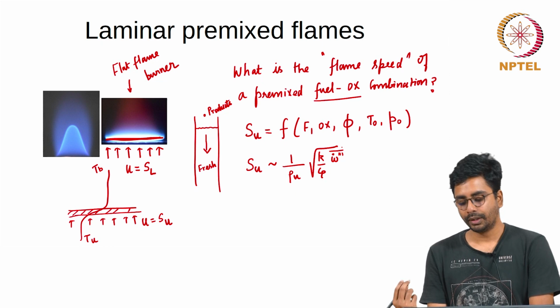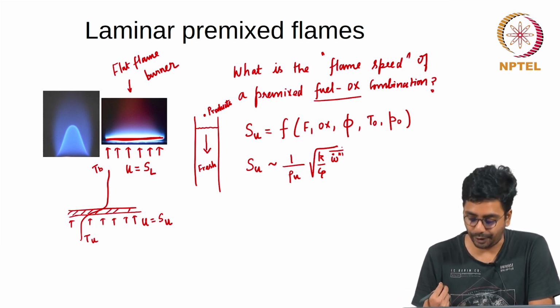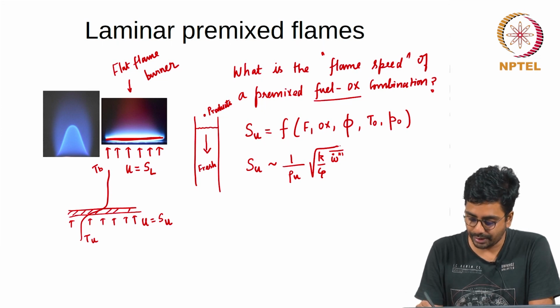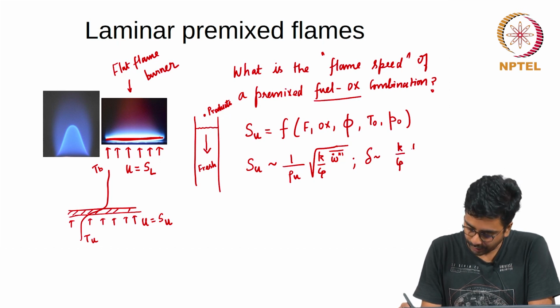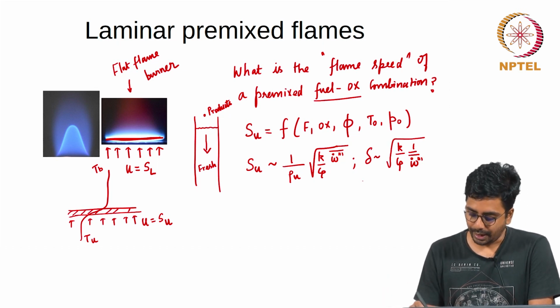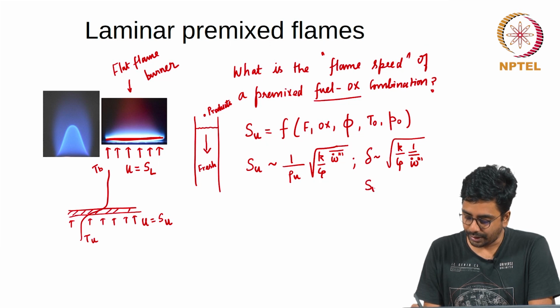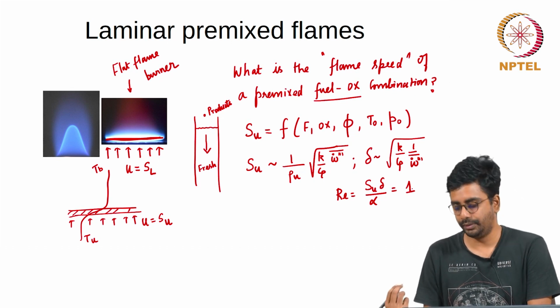That is, square root of K by Cp times omega dot triple dash averaged, the reaction rate, and the flame thickness goes as K by Cp times 1 over omega dot triple dash bar, okay. And you can also easily show from here that SU delta by alpha, which we can think of as a flame Reynolds number, is equal to 1.